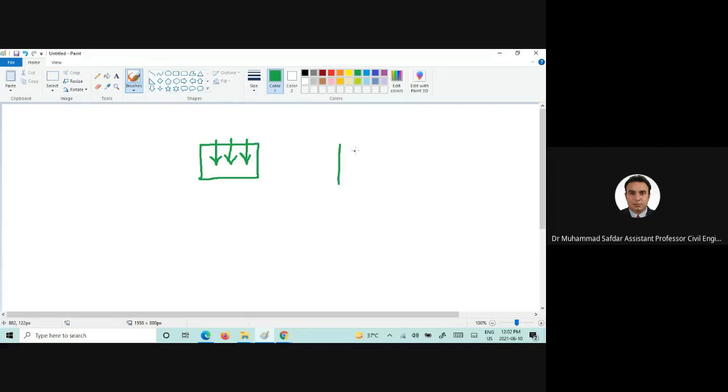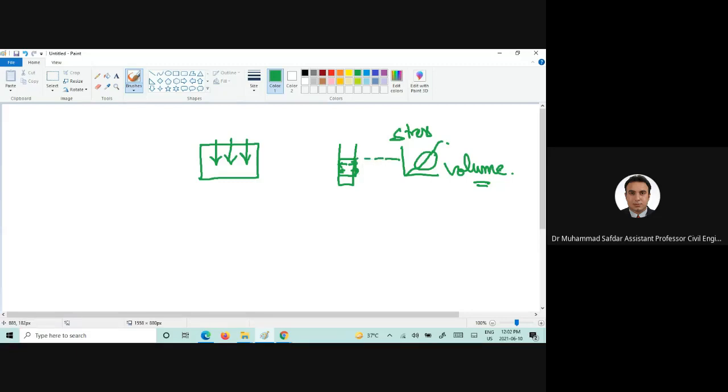But in the case of the field test, which we are going to touch in a few minutes, we lower those devices inside the borehole, and the horizontal pressures are applied, and the stress versus volume graph is obtained, something like this, and then we calculate the modulus of elasticity.